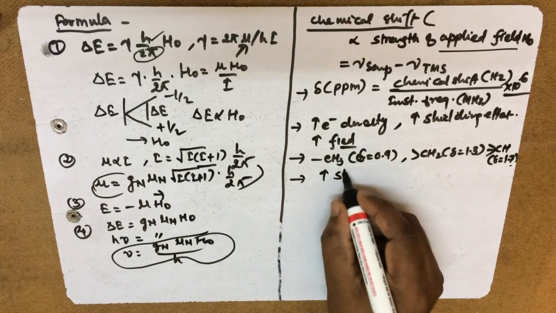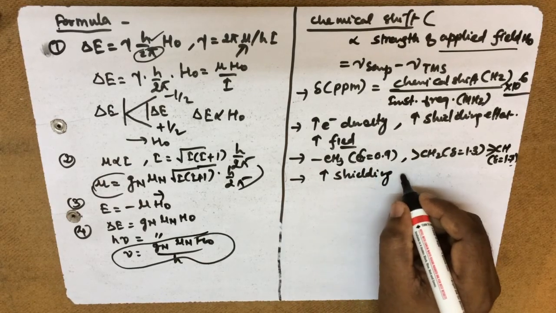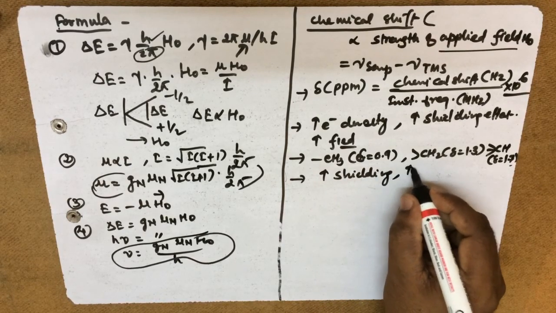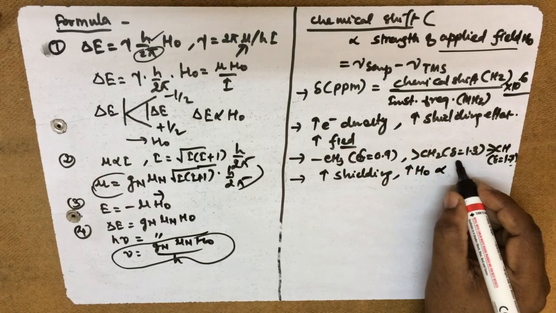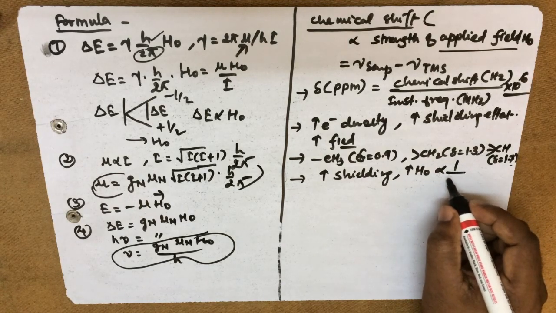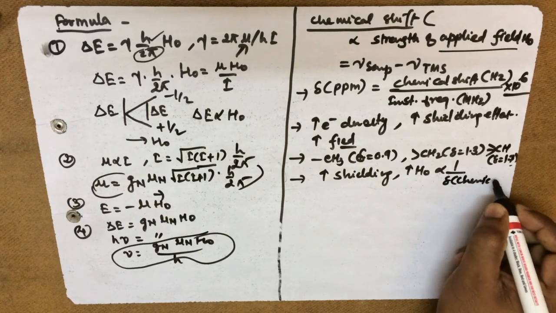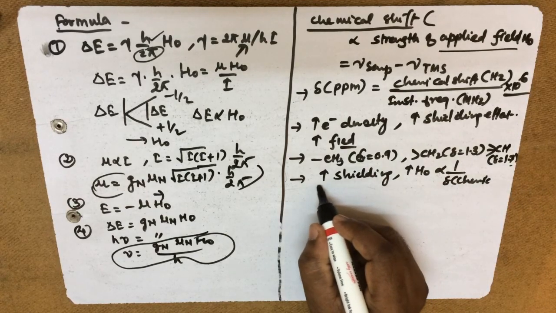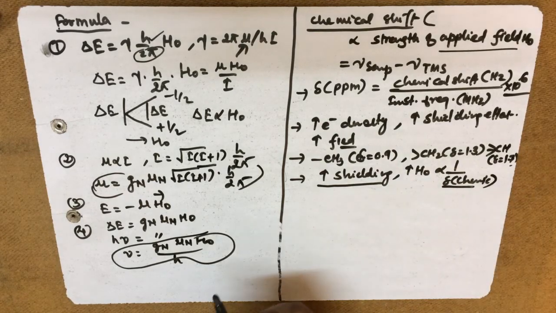Shielding increases with increase in the applied field and is inversely proportional to the delta value, the chemical shift. If any species has higher shielding, then the chemical shift will be lower.